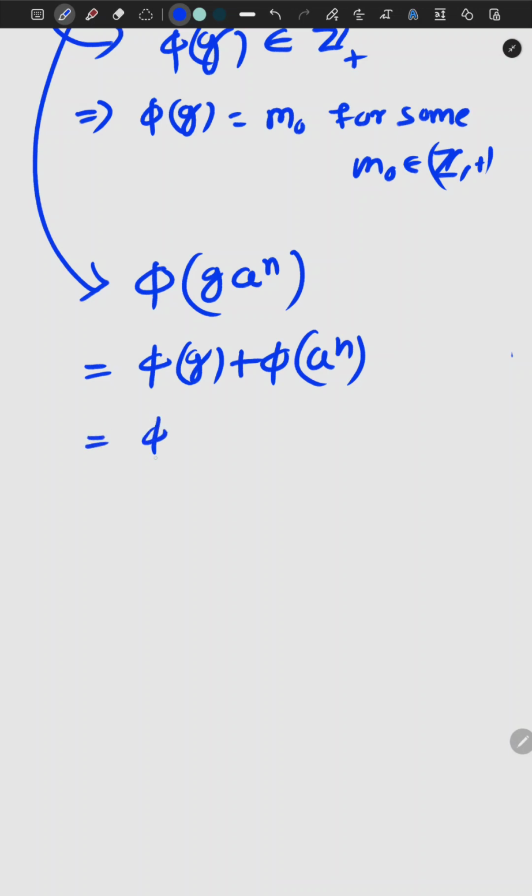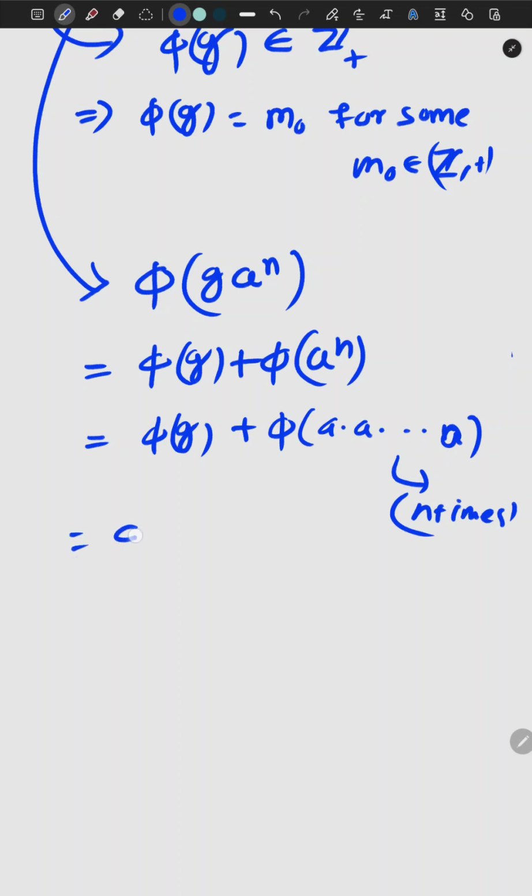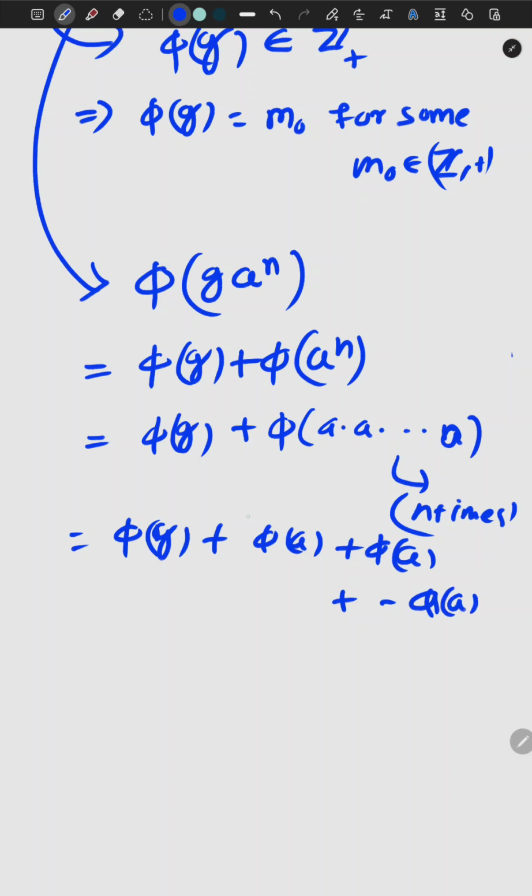So it gives phi of g plus phi of a plus phi of a, n times.